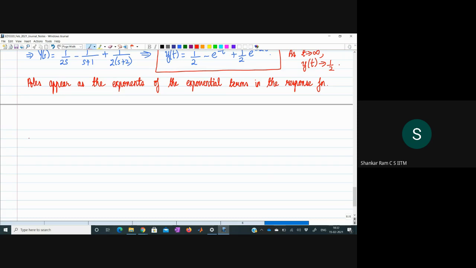So if we look at control system design, and we are looking at a closed loop system, once again, these two things become extremely important: stability and then performance. So what is this notion of stability?